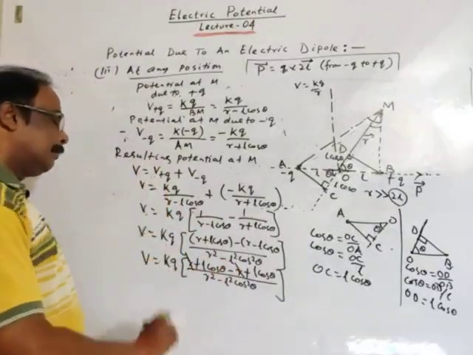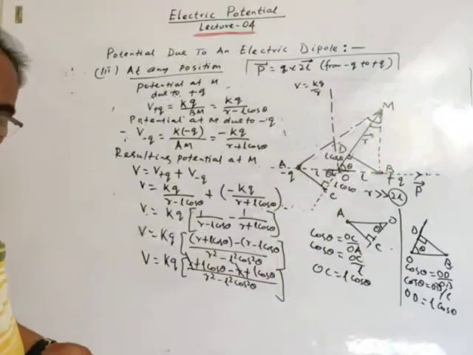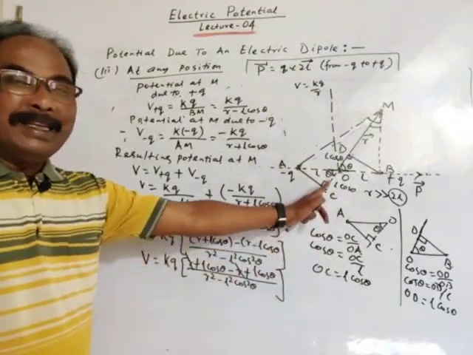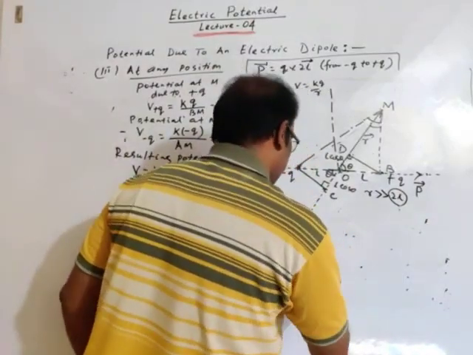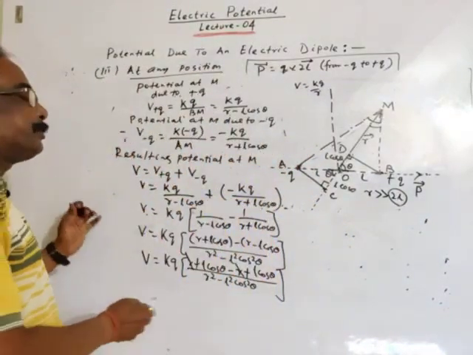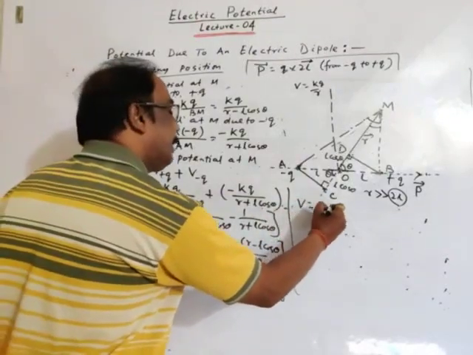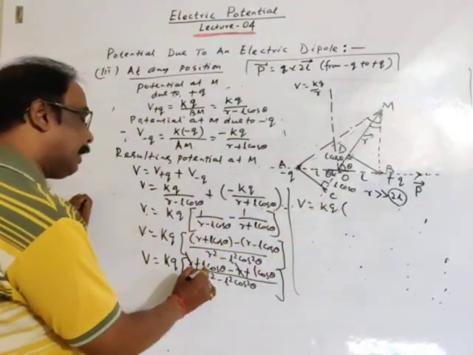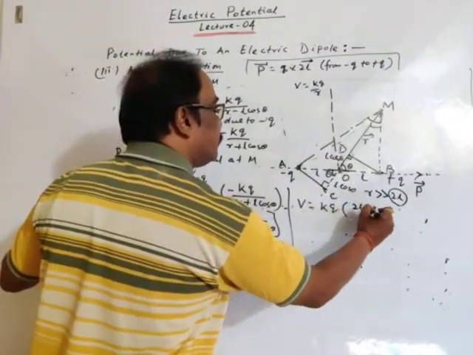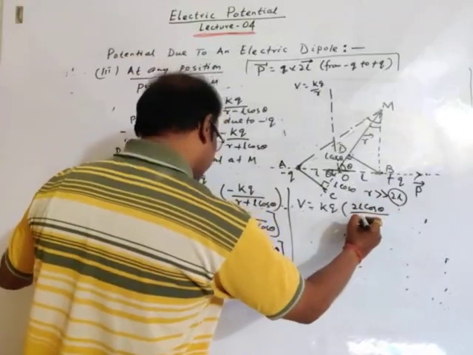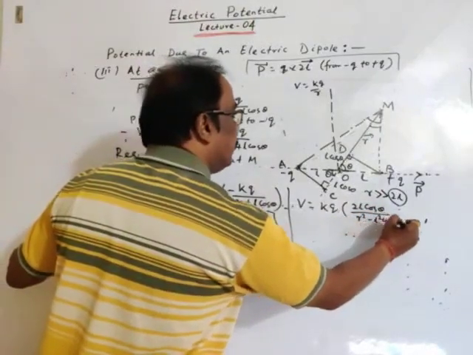The r gets cancelled. Then solving it, potential V is kq into l cos theta plus l cos theta, which is 2l cos theta, divided by r square minus l square cos square theta.